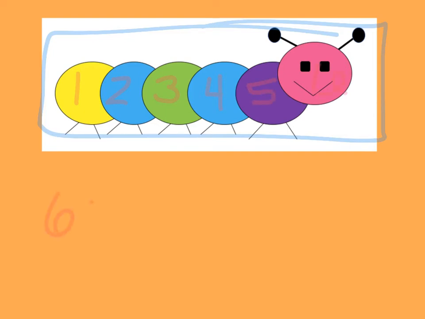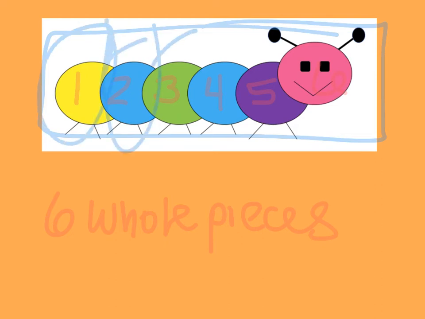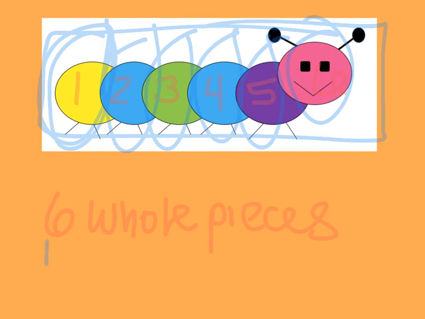So there are 6 whole pieces. And we understand that each circle represents one piece of the whole, and they are all the same size. They're all equal parts of the whole. So we could say that each is size 1/6.